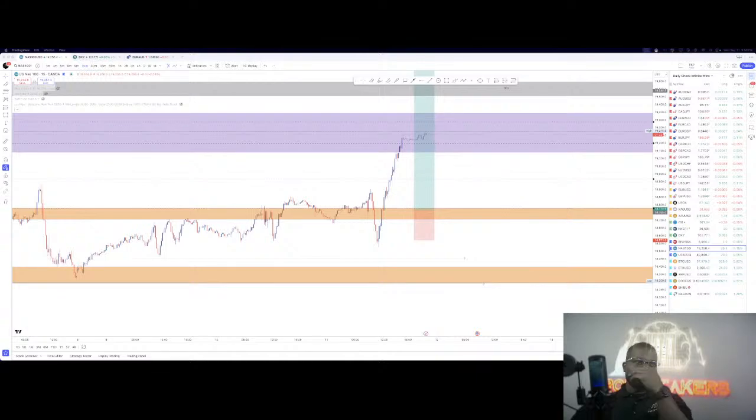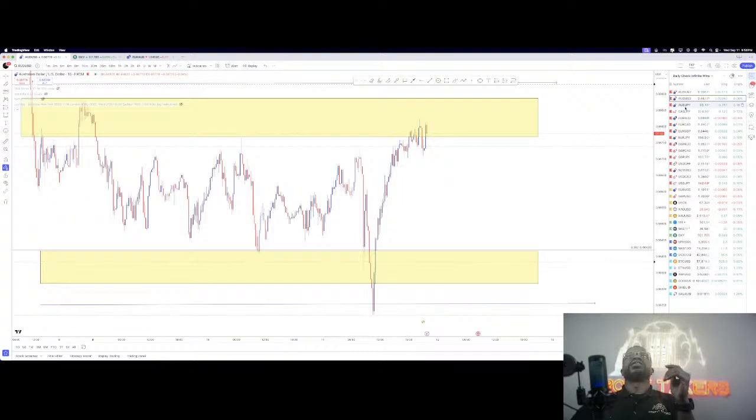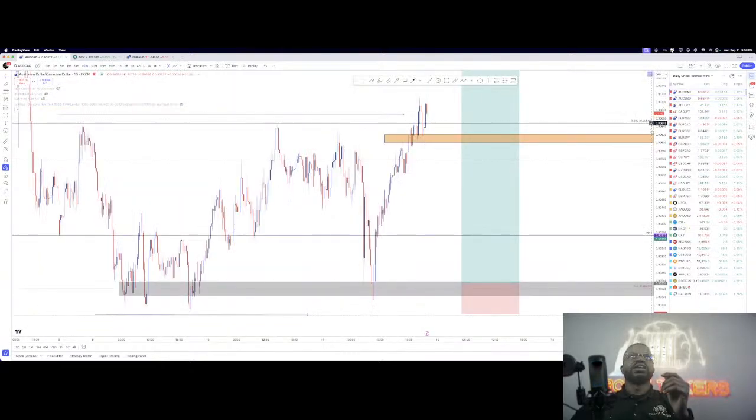Alright, so coming off of this week, we led into more wins. It's AUD CAD, AUD USD. Let's go ahead and set an alert just in case this thing turns around so I can take some of that profit off the table.